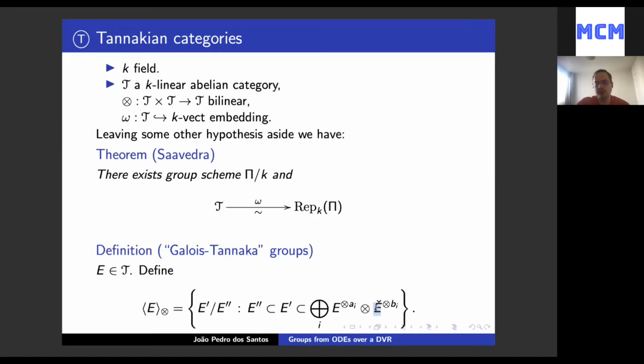So here the dual comes up, leaving some other hypotheses aside. I need a dual, but since I left that outside before, I'll leave it outside here as well.